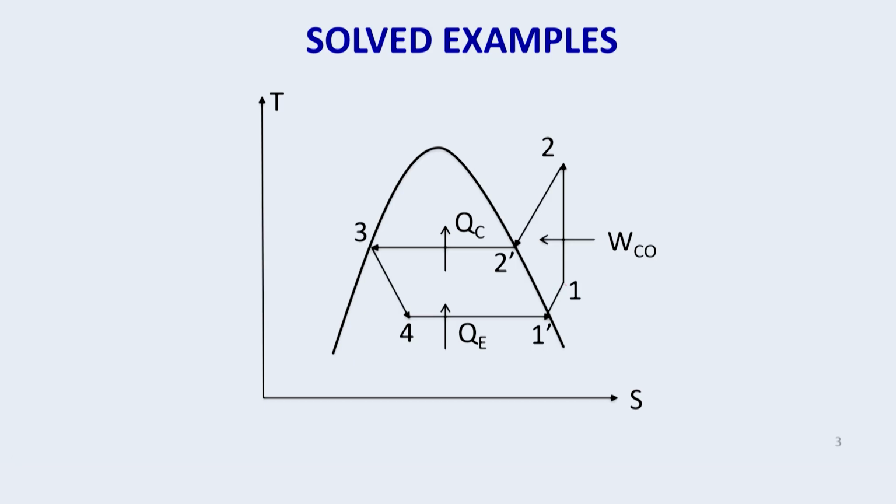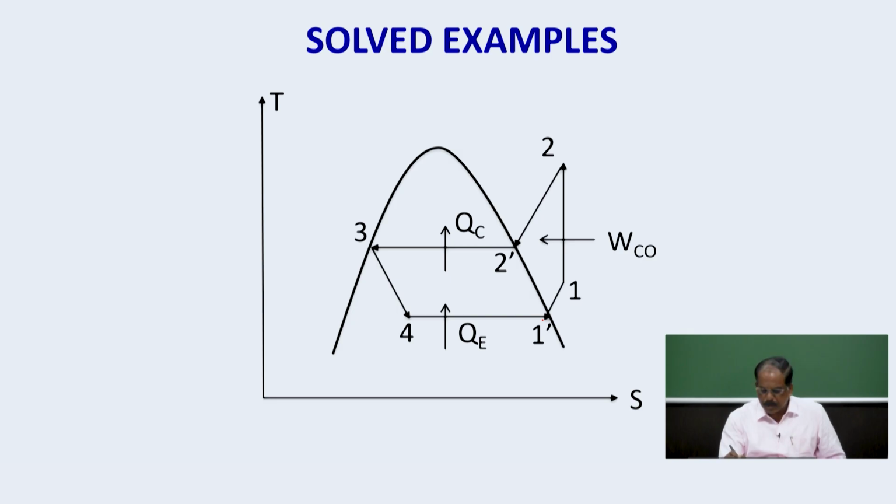That is, the temperature at this point is minus 10, and it is compressed isentropically from state 1 to state 2. So we need to find the properties, the enthalpy and entropy at state point 1 dash, which are the saturated properties. But for state points 1 and 2, we need to evaluate the superheated conditions.